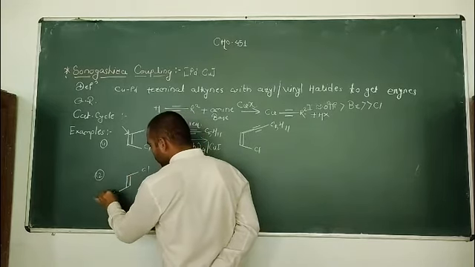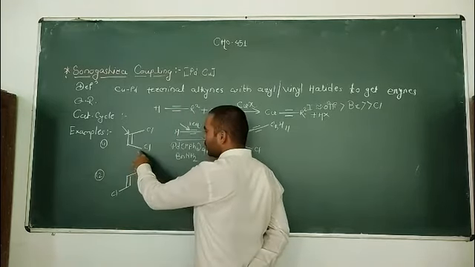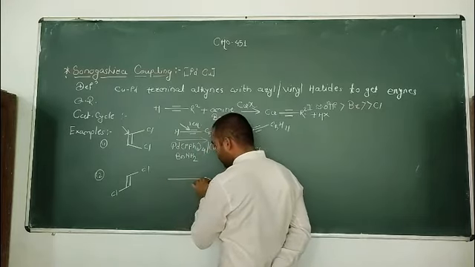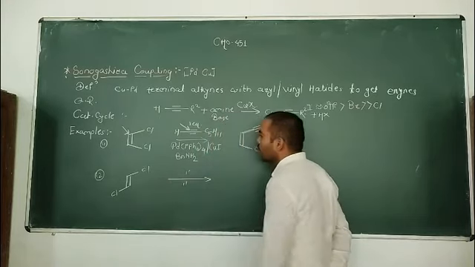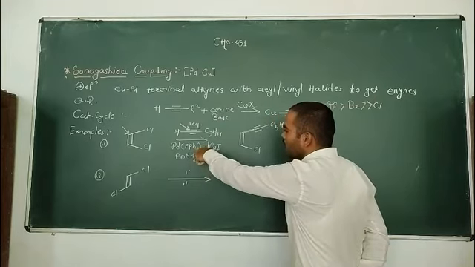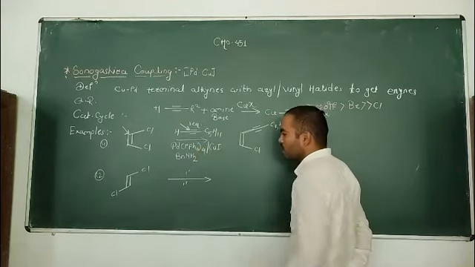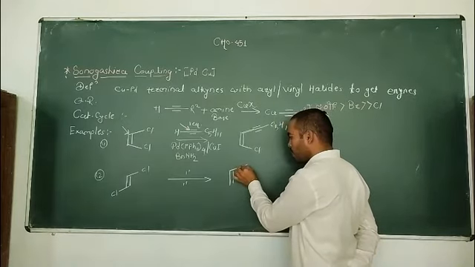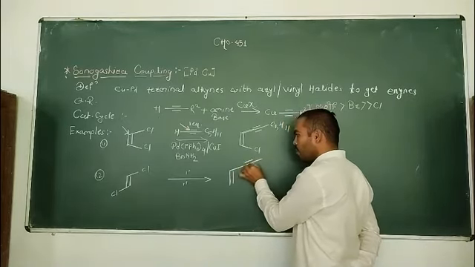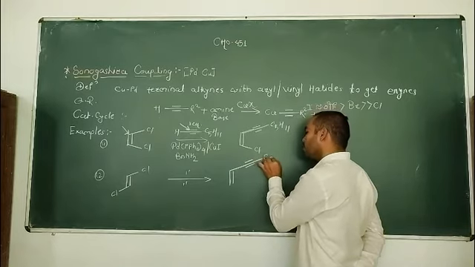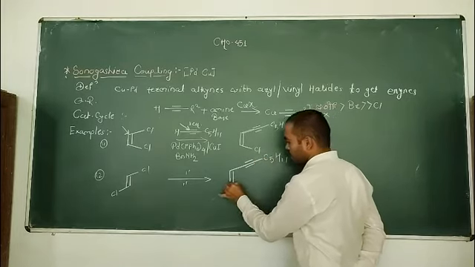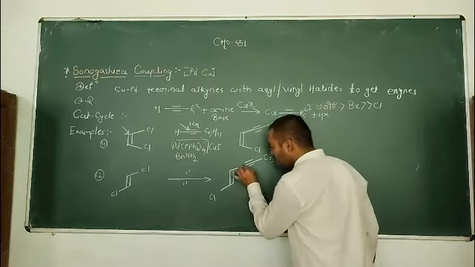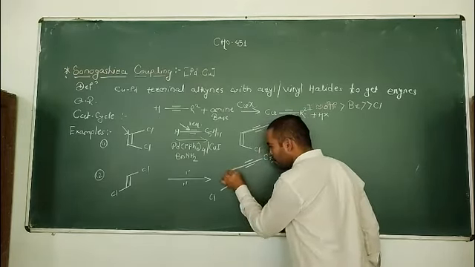Here a cis compound is there, and we get a cis product. If a trans compound is there under the same conditions, meaning the same alkyne, palladium, copper, we get the same trans product, which means no change in stereochemistry is involved in these coupling reactions.